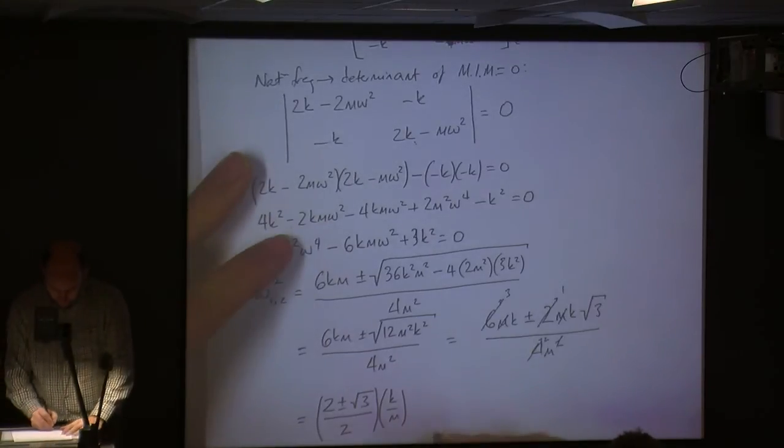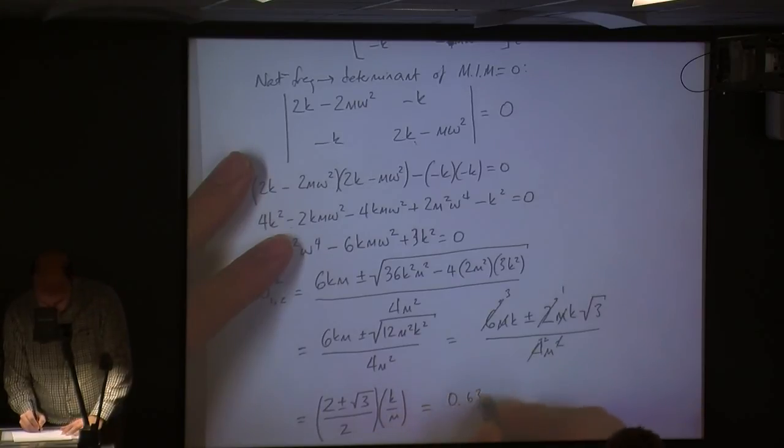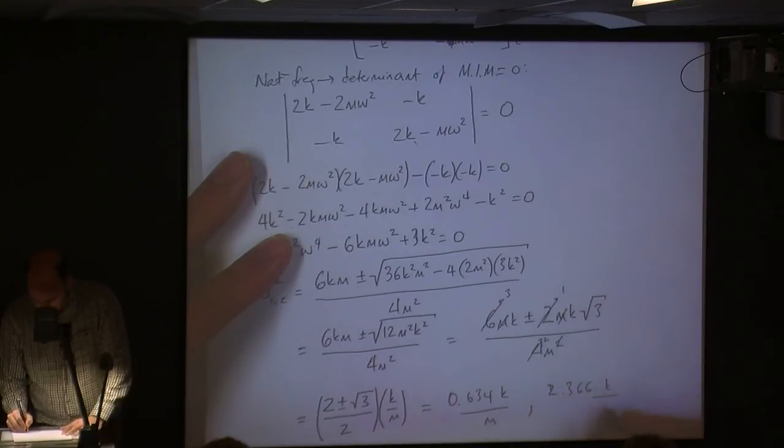And if you do those sums, we end up with 0.634 k upon m and 2.366 k upon m.